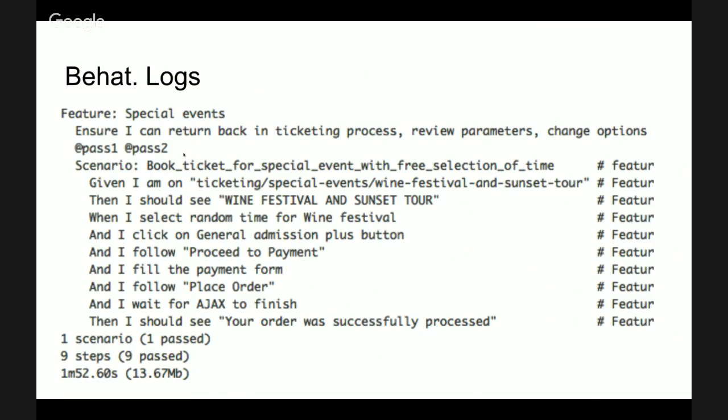I will talk about them a bit later. But the main idea is that the logs that we were parsing in Logstash looked like this. The parts that we were very interested in gathering are whether the test passed or not, and also how much time it took to run.